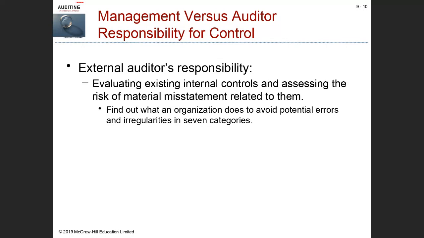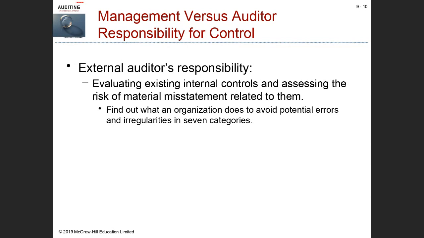What's the auditor's responsibility with respect to internal control? The auditors, as we've already mentioned, have to evaluate the internal control system put in place by management, which reduces the risk of material misstatement as it relates to management's assertions.